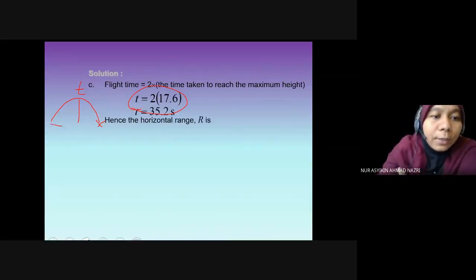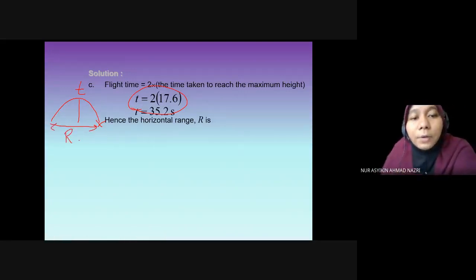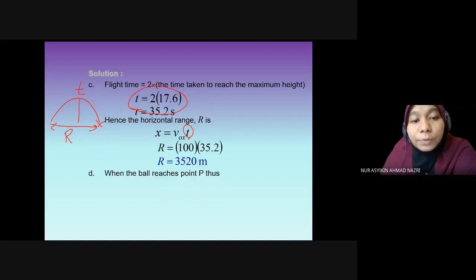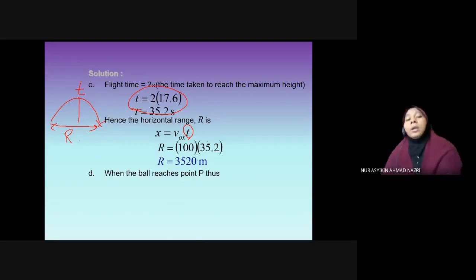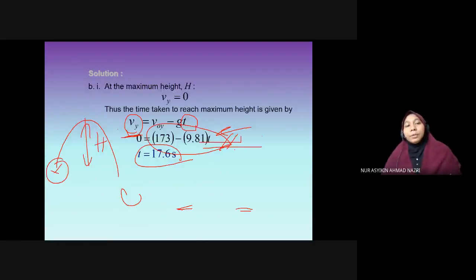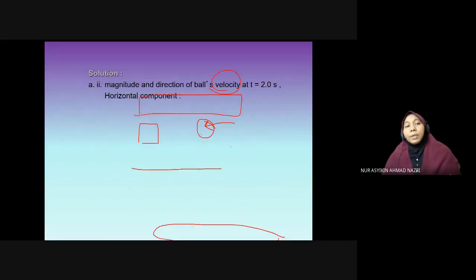So kita dapatlah masa untuk dia sampai sini. Alright, so now we proceed to find the X using that time. Okay, that time yang mana kita times 2 masa yang diambil untuk sampai ke maksimum tu. So we get this value 3520 meter.